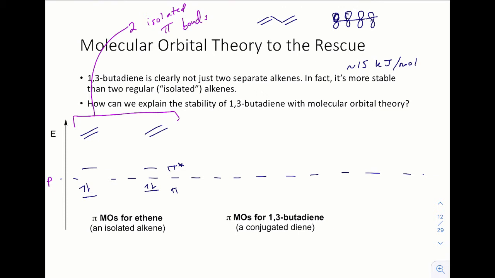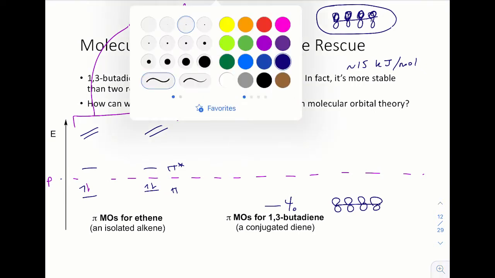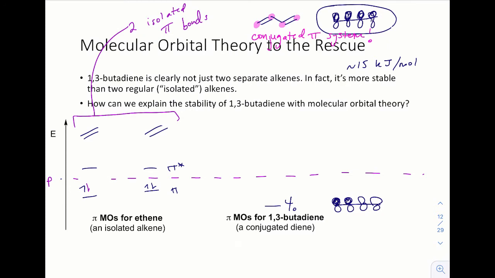All four of these orbitals are actually aligned, and all four of these orbitals can overlap. Four orbitals overlap to form four new pi orbitals. The lowest energy of these orbitals is called psi naught, where the four p orbitals, those four atoms of this conjugated, connected pi system, overlap all in phase.